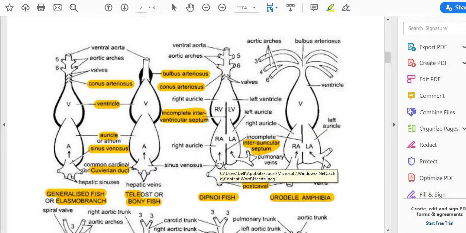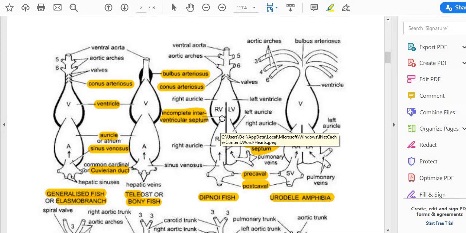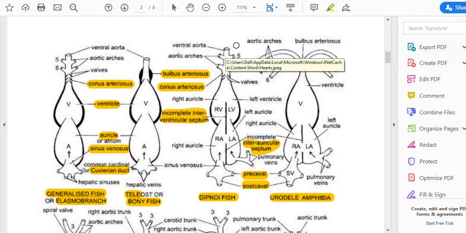In between the right auricle and sinus venosus, we can find the sinoatrial aperture just like that of the fish. And in between the auricle and ventricles also we find the auriculoventricular aperture or auriculoventricular valves. These valves help in the prevention of backflow of blood. So from the right ventricle, the blood flows into the ventral aorta and then it reaches the lungs.